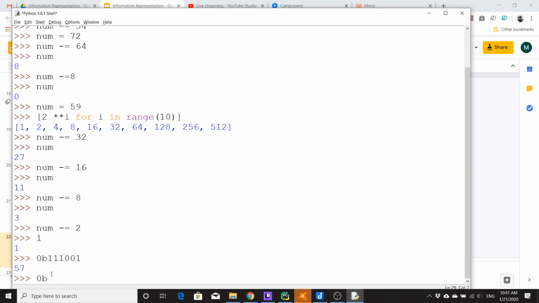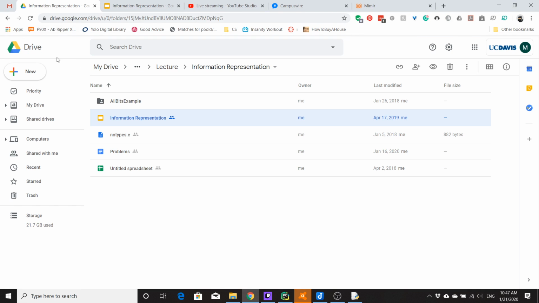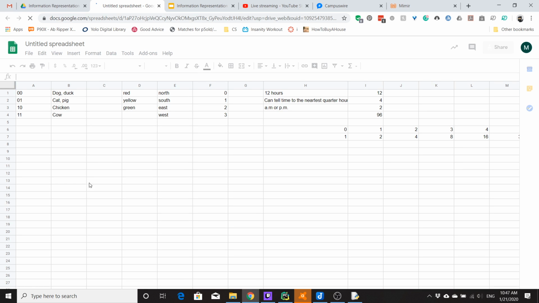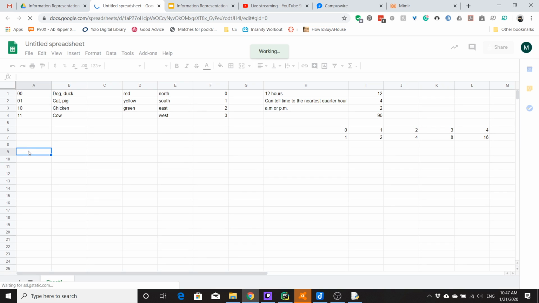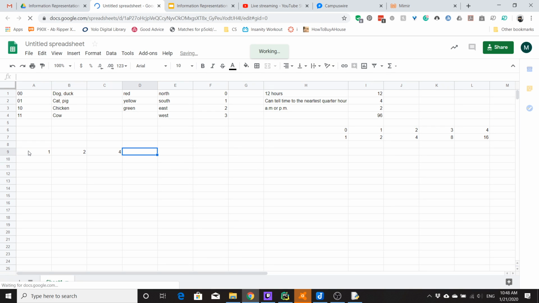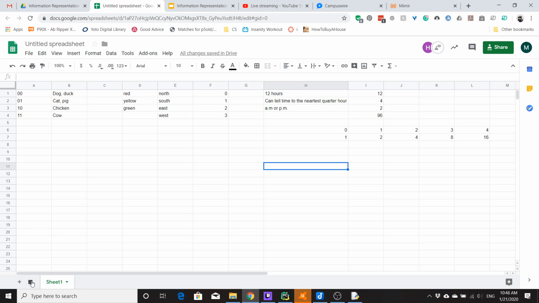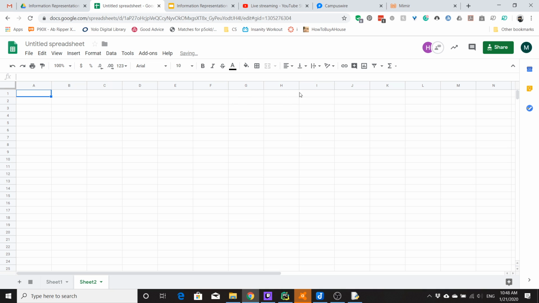So 1, 1. Oh gosh, let's just do it with a table because I can actually see that. So, right, we have 1s, 2s, 4s. Oops, other way around, right? Let's make a new sheet. 1s, 2s, 4s, 8s, 16s, 32s, 64s, right?